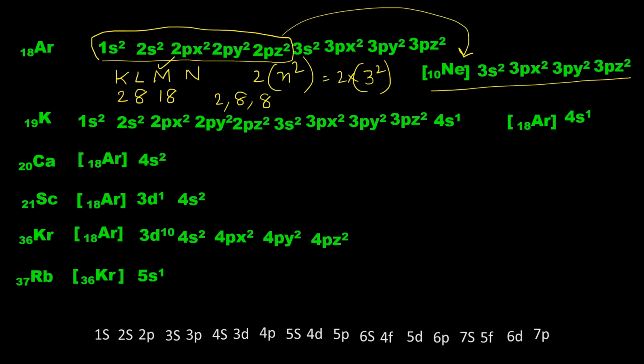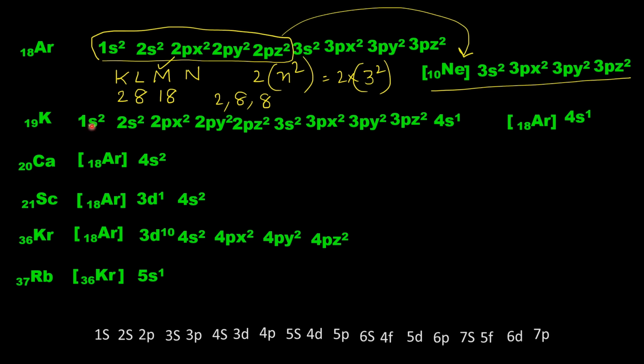Neon 10, then followed by 3s2, 3px2, 3py2 and 3pz2. So while applying this method, we have to use the symbol for the noble gas in the preceding period within square bracket, followed by the rest of the distribution. This method is very, very useful for heavy atoms.